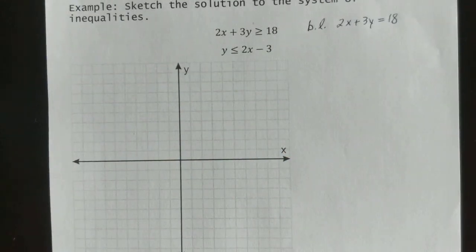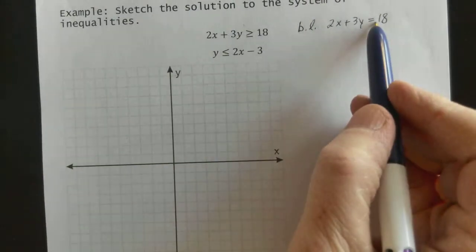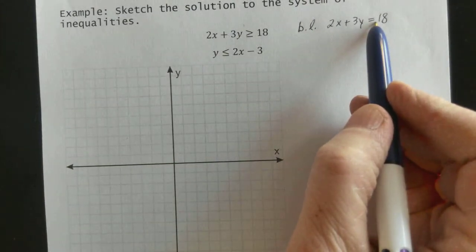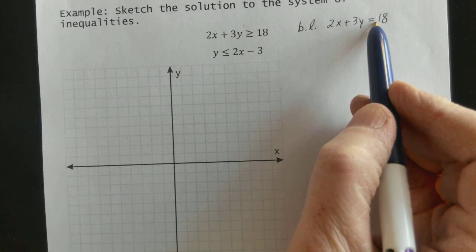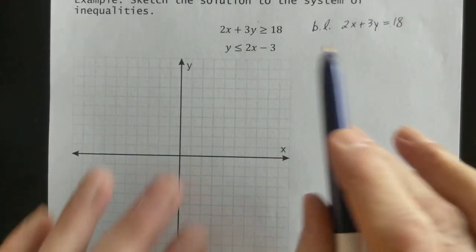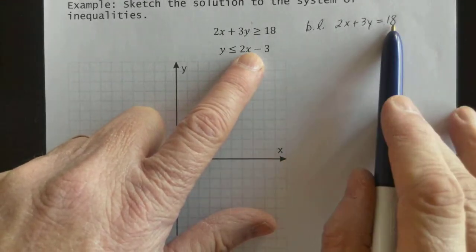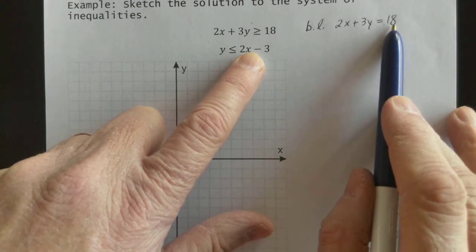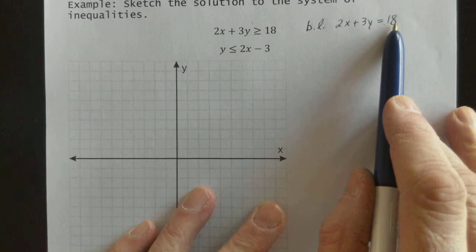Take the inequality out, put an equal sign in its place. And we did a lot of practicing on this. And this is in standard form. So I like the intercept method when it's in standard form. Is everybody following me from all our practice yesterday?